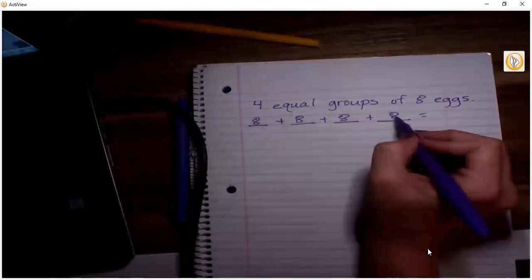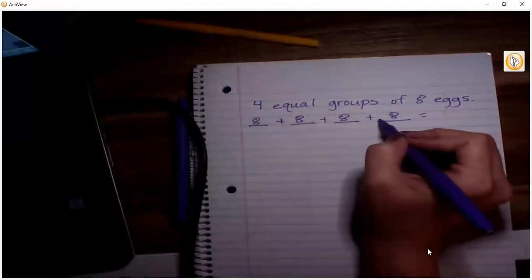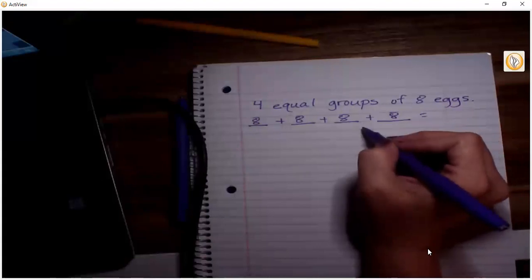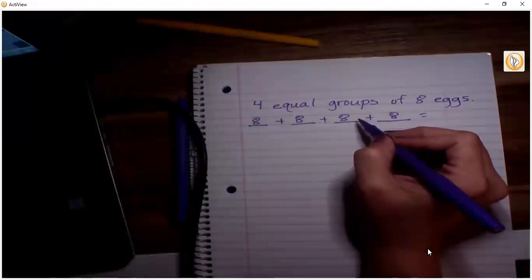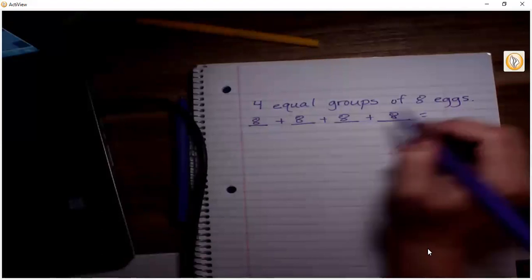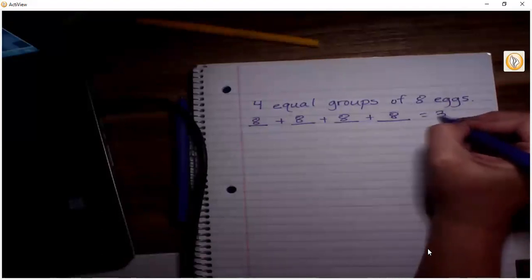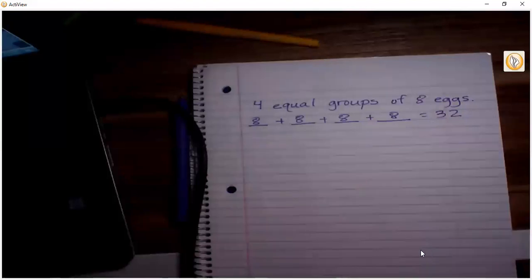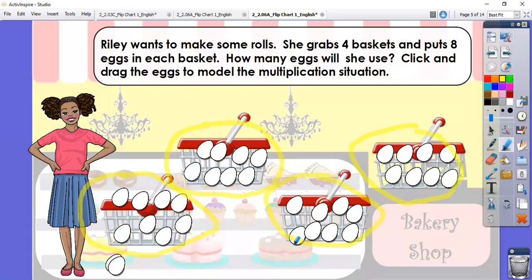So this would be another 16 over here. I had 16 plus 16. Well, that's 2 10s. That makes 20. And 6 plus 6 is 12. So 20 plus 12 gives me 32. Let's go back and double check our thinking.